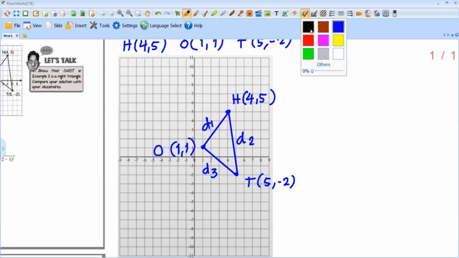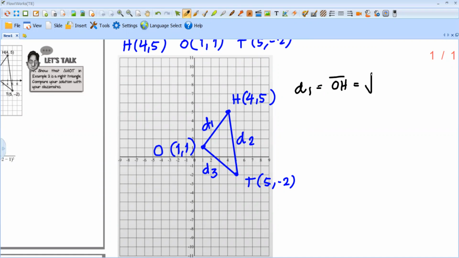So let us try to have our distance 1. Distance 1 has points from O to H. So for distance O to H, we will try to identify our x sub 1, y sub 1, x sub 2, y sub 2.